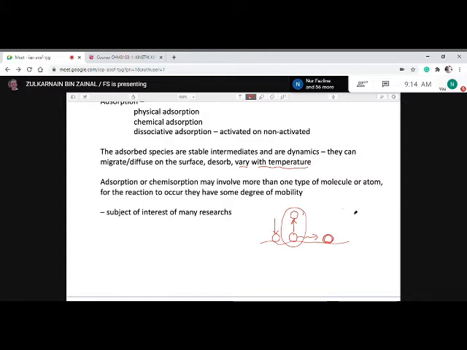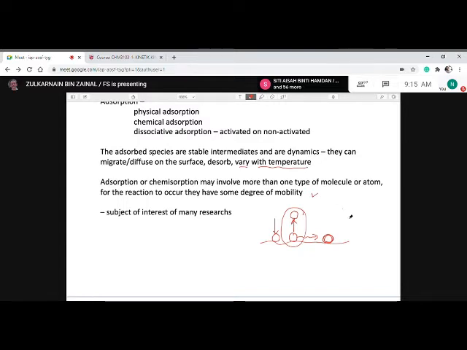Adsorption or chemisorption may involve more than one type of molecule or atom. For a reaction to occur, they have some degree of mobility, right? So you can have different types of molecules adsorbed on the same surface, and then these molecules can interact with each other to form a reaction.